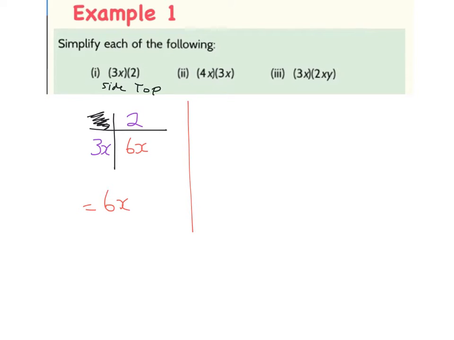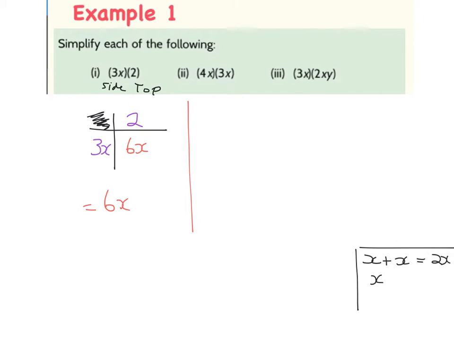Okay. We're now going to move on to the next example here, which is 4x multiplied by 3x. Now, I'm just going to go over here onto the side and chat to you about when you multiply x's together. If I have an x plus an x, that gives me 2x.